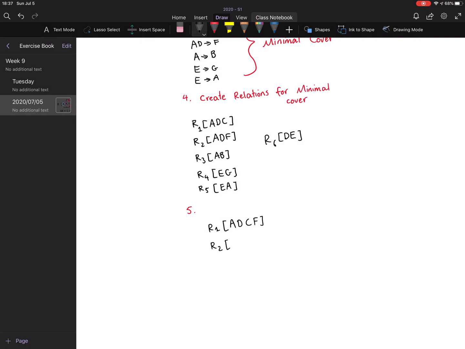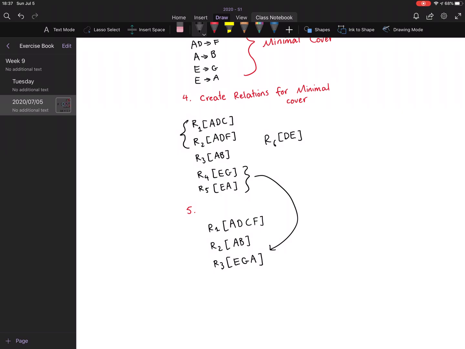R2, AB is just on its own, so it's AB. R3 is going to be EGA, because it's a combination of these two. Combination of these two creates this one here.